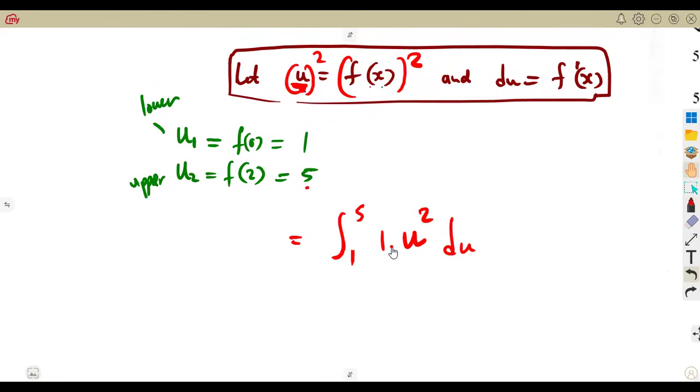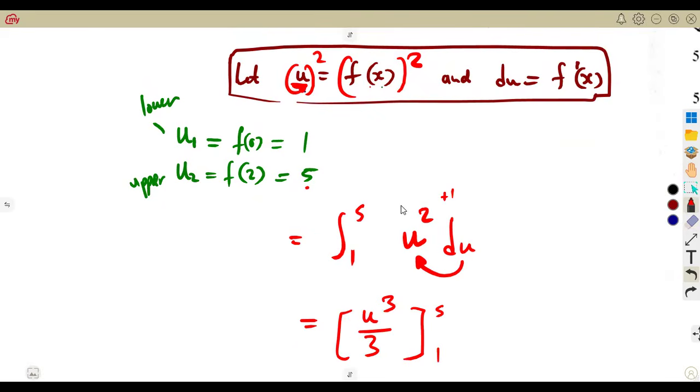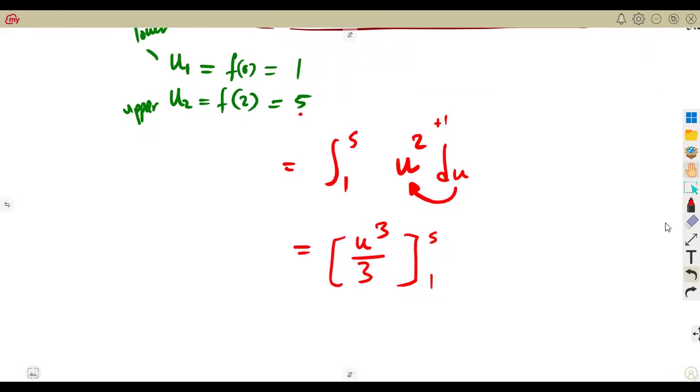Those were the limits for u. So now this one has no effect, but we saw where the one is from. So we are integrating with respect to u. So we're just going to add a 1. So that's u to the exponent of 3 over 3. And the limits are there for u, which is 5 and 1. Just like that part of change of limits. Remember change of limits. They can do it like that. They just want you to have confusion, guys.